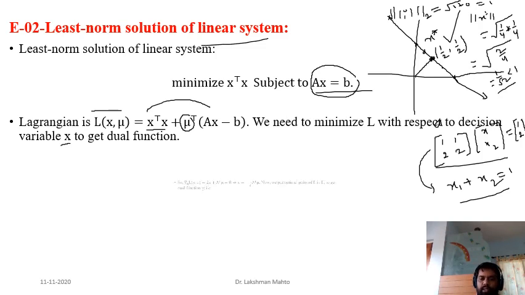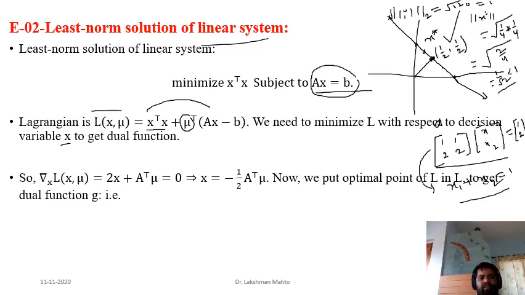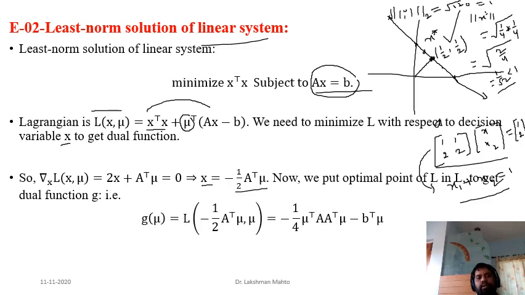The gradient of L with respect to x is a linear function: 2x plus A transpose mu equal to 0. Simplifying, x is negative 1 by 2 A transpose mu, so x is in terms of mu. Substitute back and you will get the Lagrange dual function.